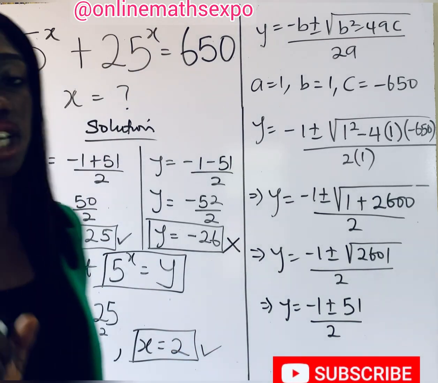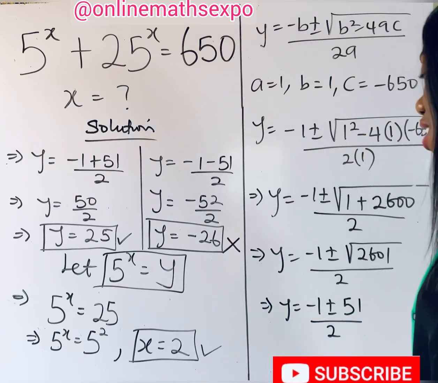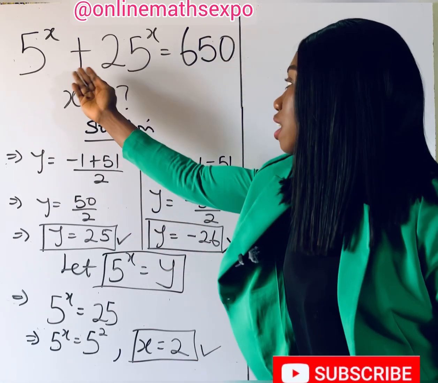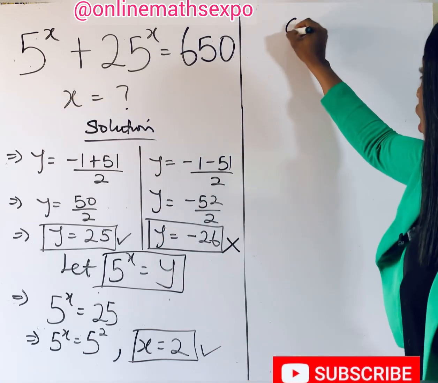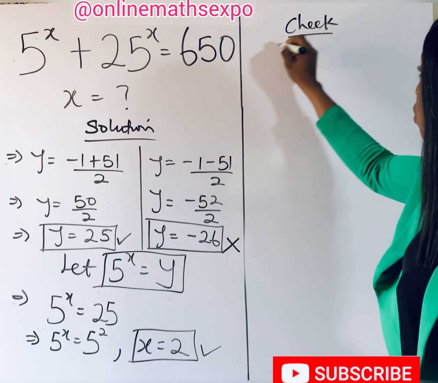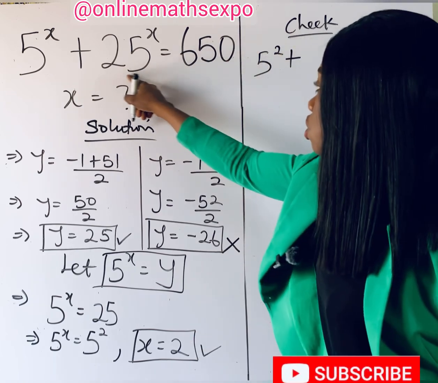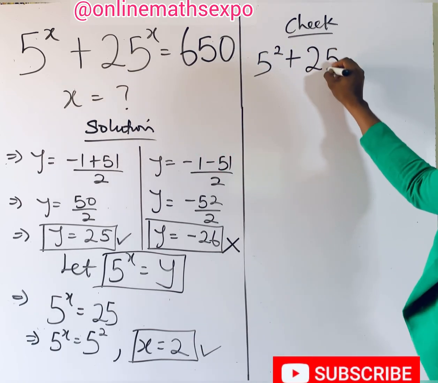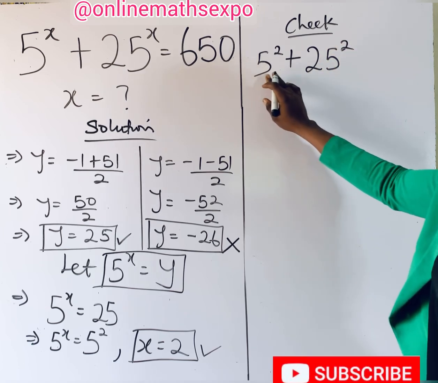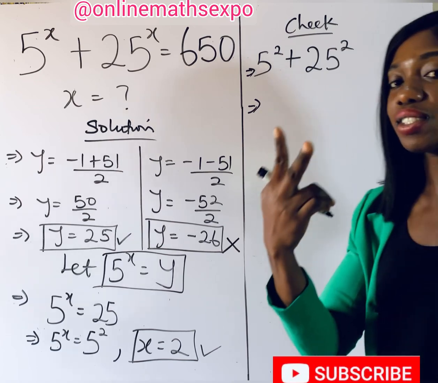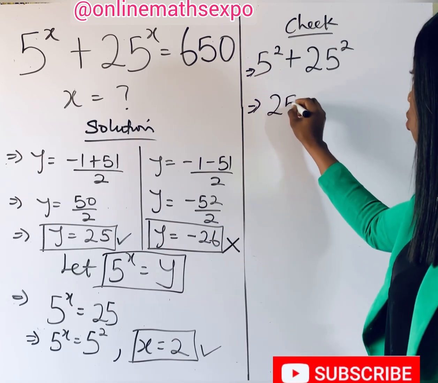Now let's do a check to be sure that our answer is correct. To do that, we're going to put this value of x at the left side. Remember, we are checking. So we have 5 to the power of our x, which is 2, plus 25 to the power of 2. Now remember that 5 raised to power 2 simply means 5 multiplied 2 times, and that will give us 25.